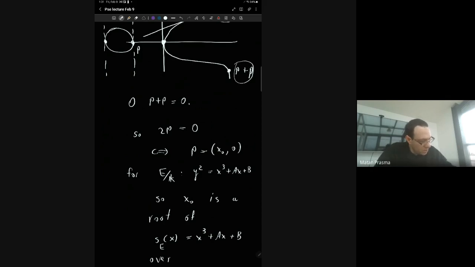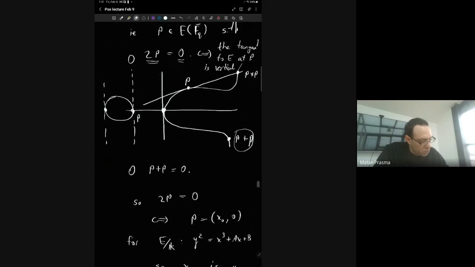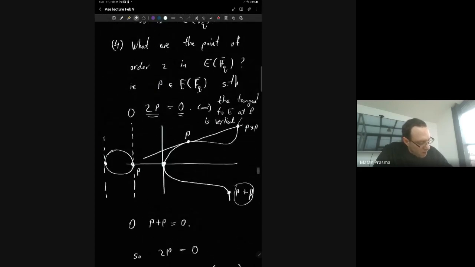We now look for points of order 2 over Fq bar.